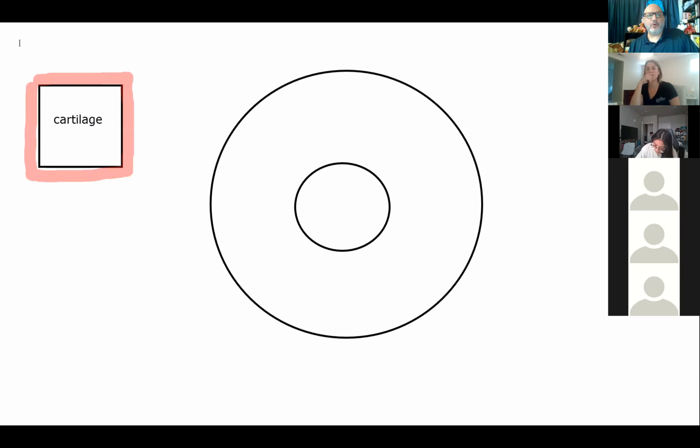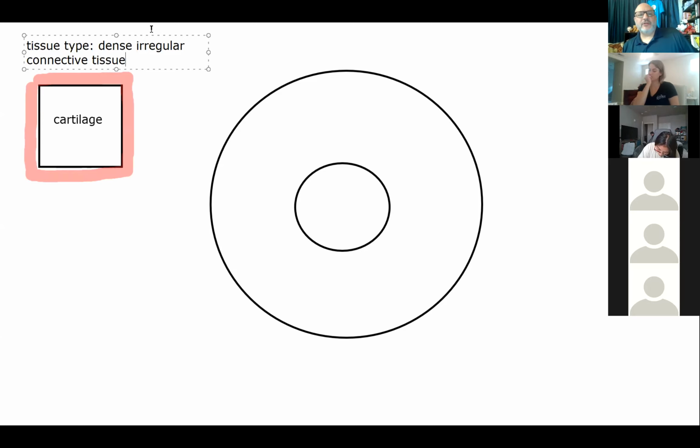Does anybody remember what tissue type is found on the outer surface surrounding cartilage? Regular. No, it's a dense irregular connective tissue. Now, is this the only place? Well, close, Alina.